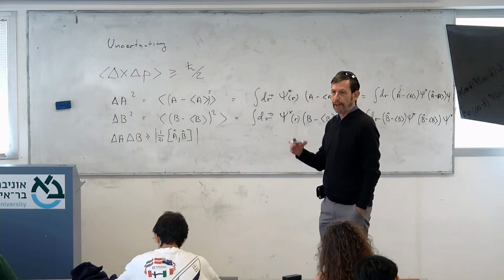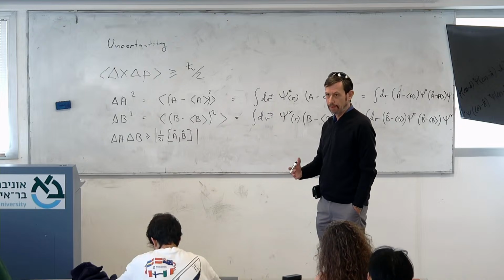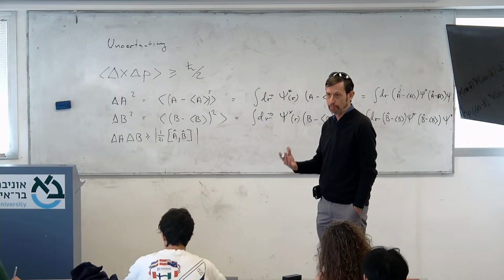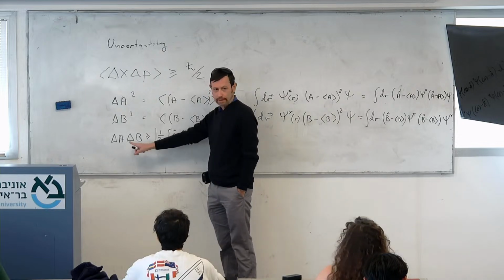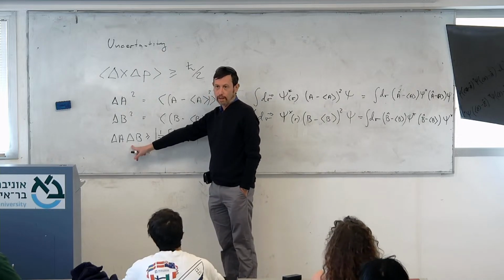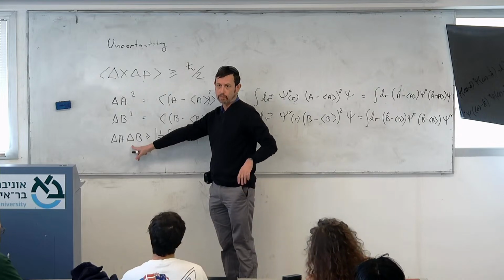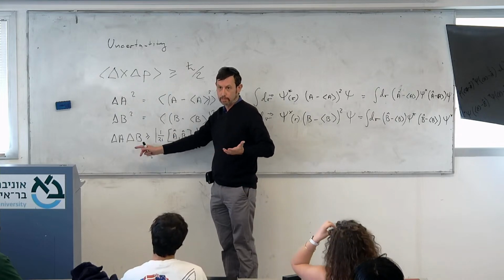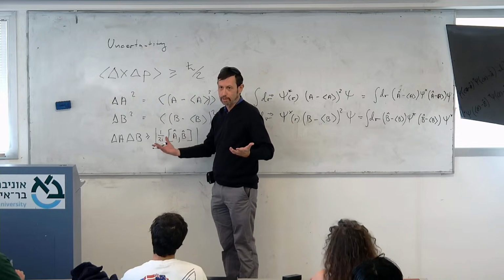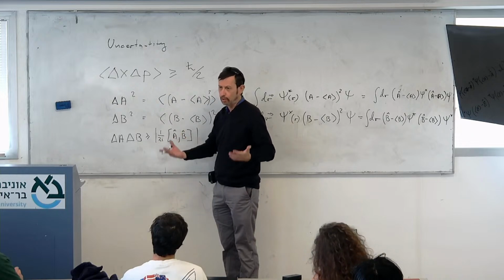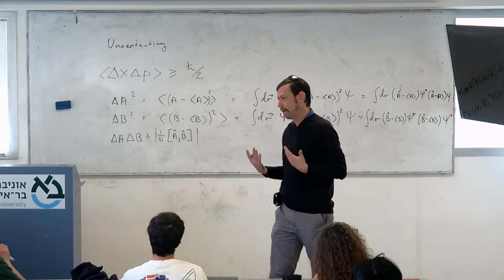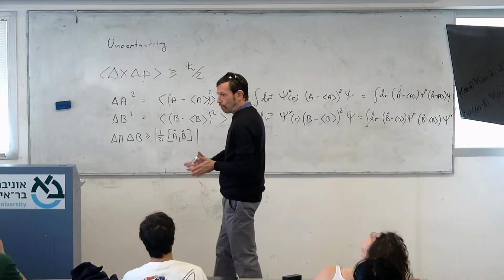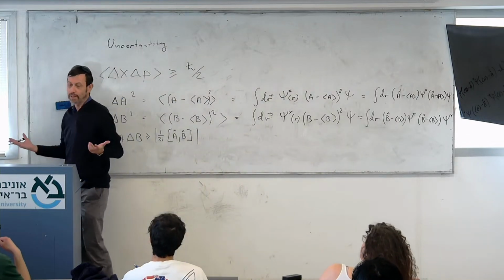We see that if A and B commute, it could be 0. If A and B commute, the result of the commutation relation is 0. And then I can measure something with no variance in A and B. Well, of course, if it commutes, it's the same. You can write down the same basis. If you can write down the same basis, if you measure one, you measure the other. No uncertainty.